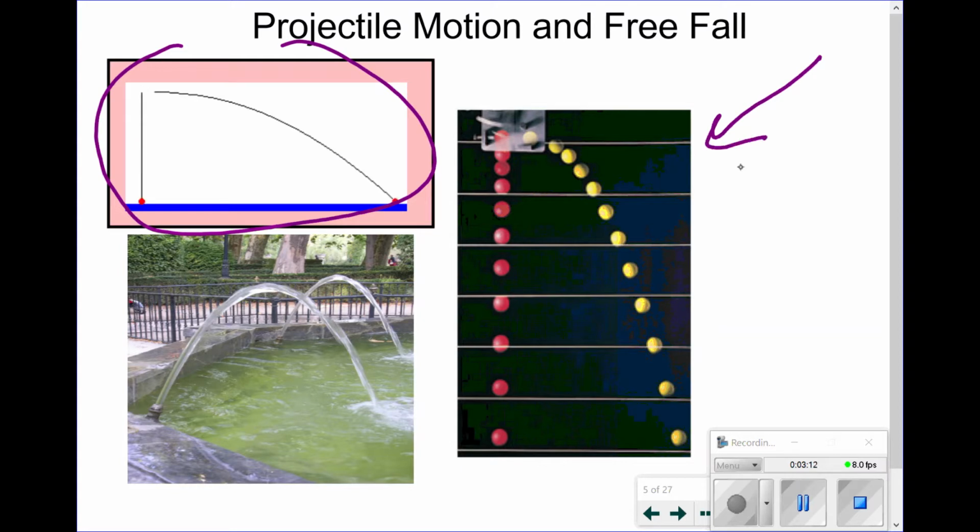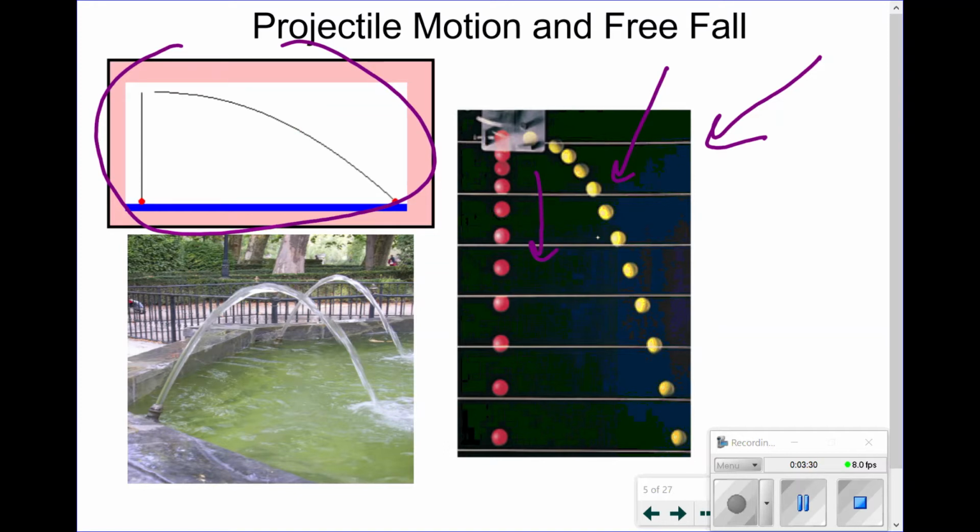Here, we actually have pictures of these objects as they are traveling, and we can see that the yellow projectile ball, in fact, falls along the y-axis at the same rate as the falling red ball.